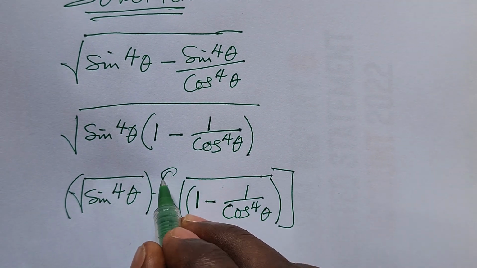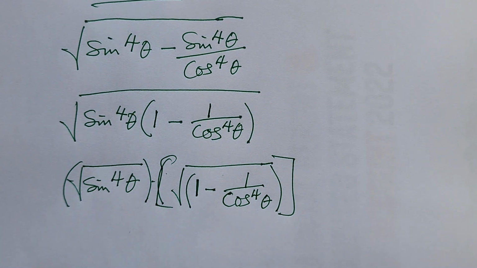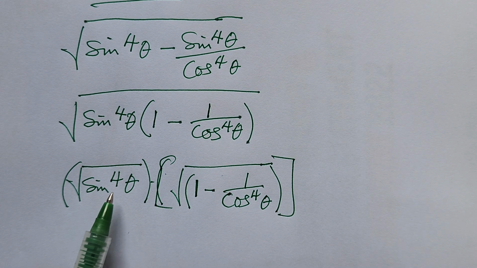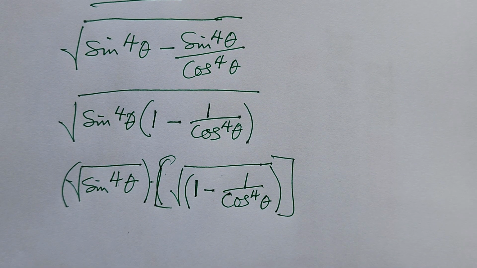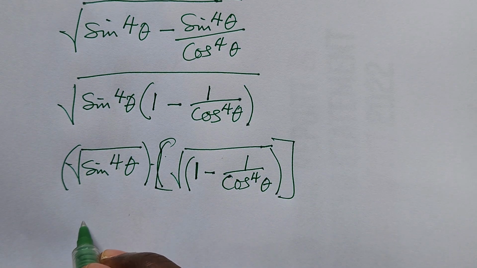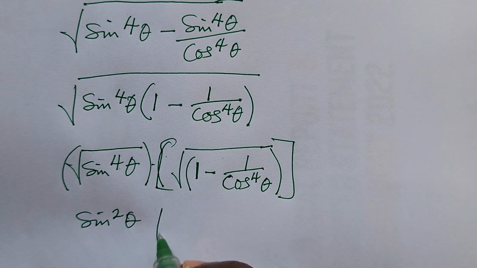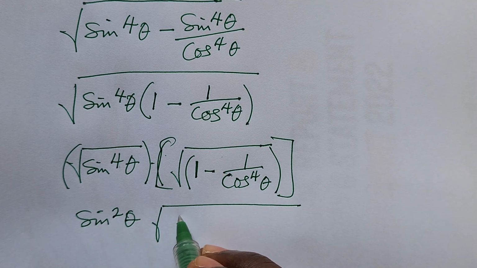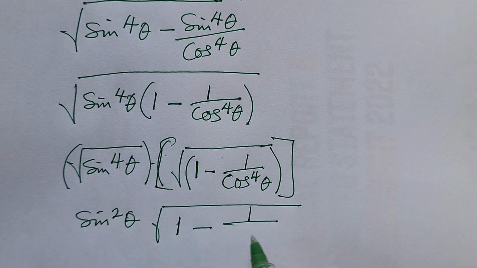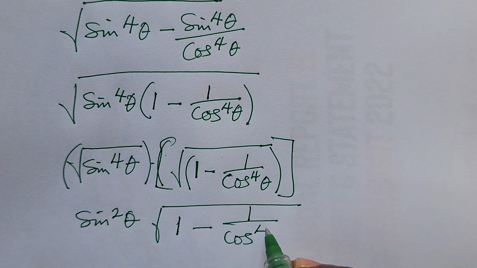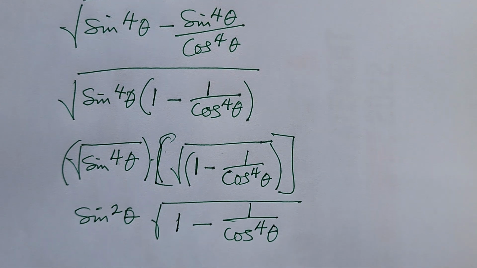Let's close this with a square bracket. Now with this, we take the square root of this, so we end up having sine squared theta into the square root of 1 minus 1 all over cos to the power of 4 theta.